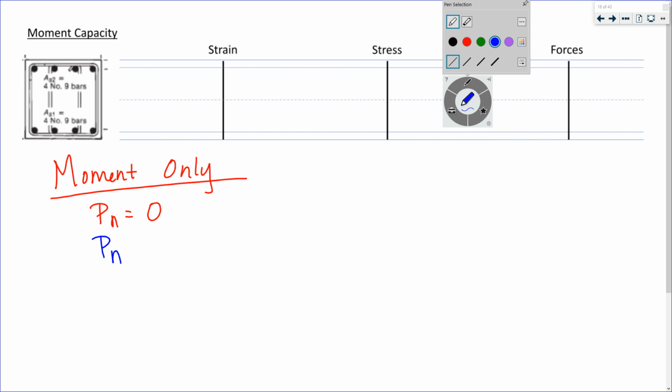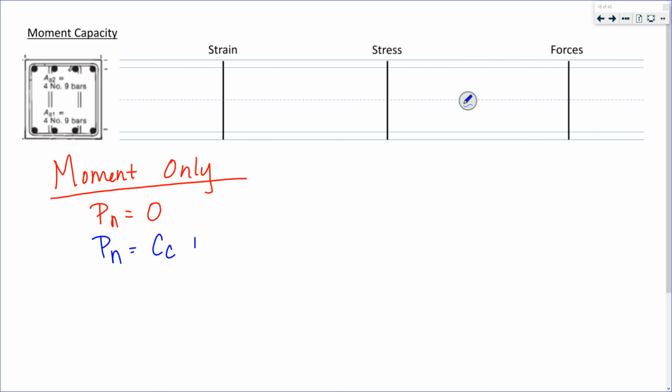Pn is equal to my compression force in my concrete plus my compression force in my compression steel minus my tension force in my tension steel. For that to be true, I need my two compression forces to equal my tension force. C sub C plus C sub S2 is equal to my tension force.